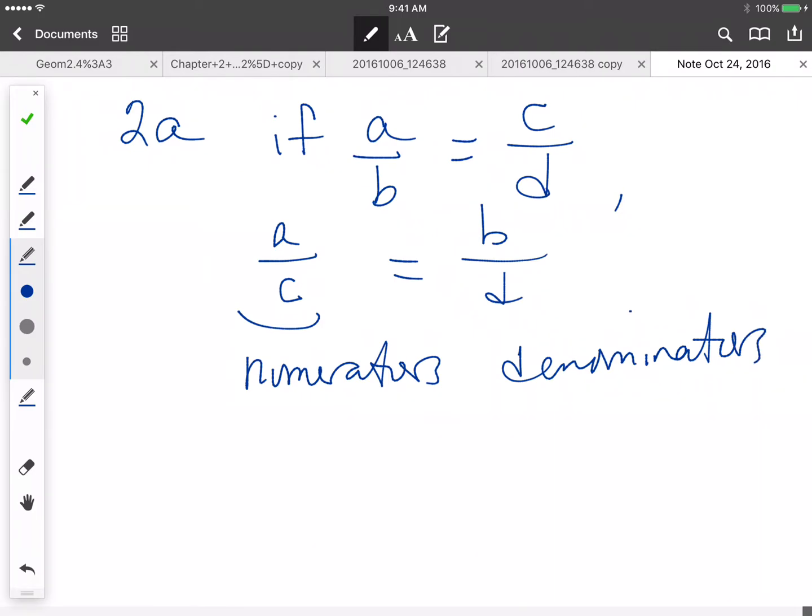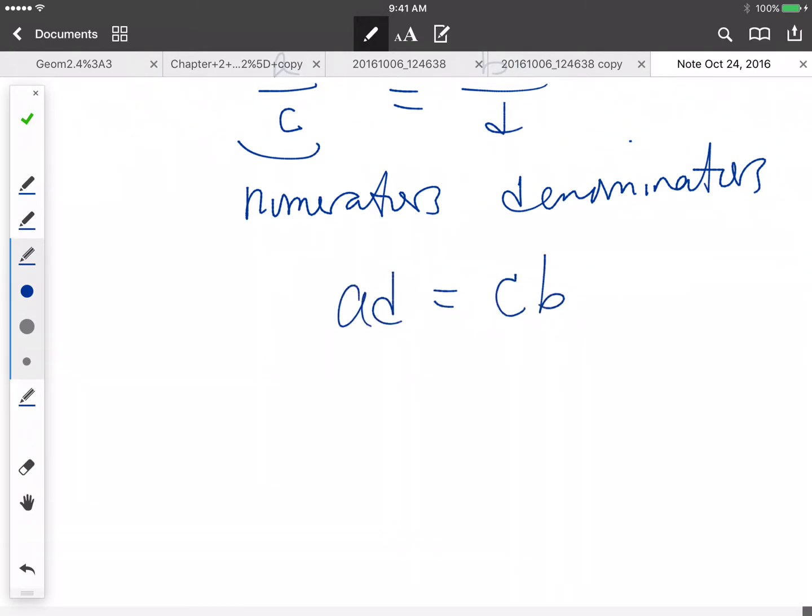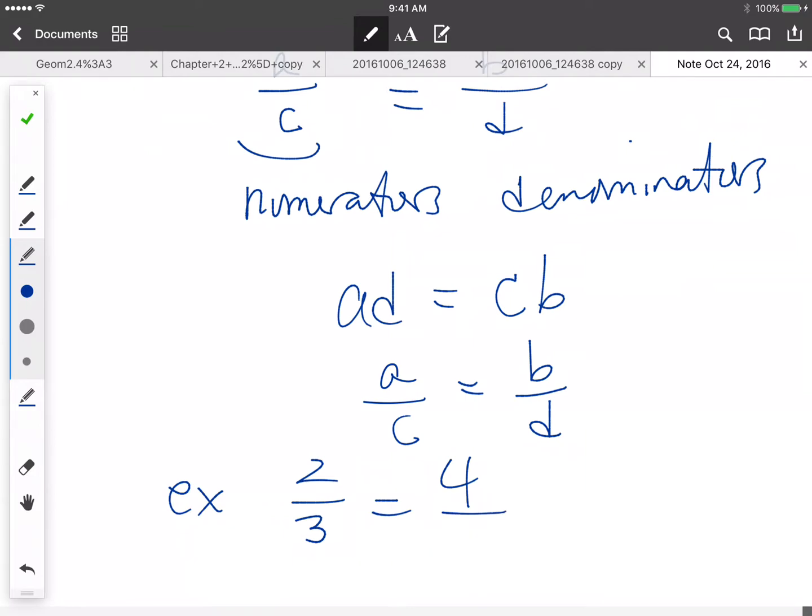Algebraically, not hard to see this one, right? We end up with AD relates to CB, and then if we divide both sides by C and then divide both sides by D, we end up with A over C relating to B over D. And again, always good to have an example. 2 relates to 3 the same as 4 relates to 6.